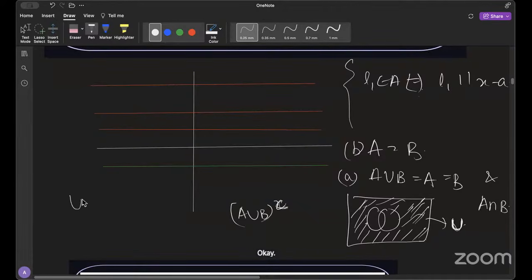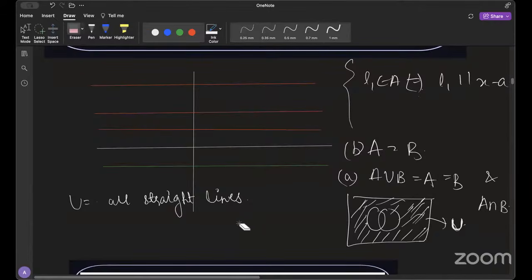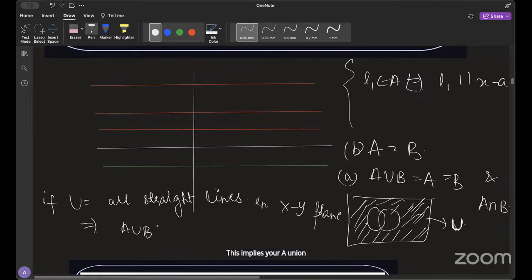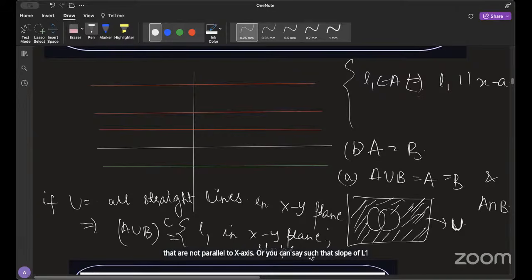Now, if your universal set U is equal to all straight lines in the XY plane, this implies A union B complement is going to be the collection of all lines in the XY plane that are not parallel to the x-axis, or you can say such that the slope of L1 is not equal to 0, right?